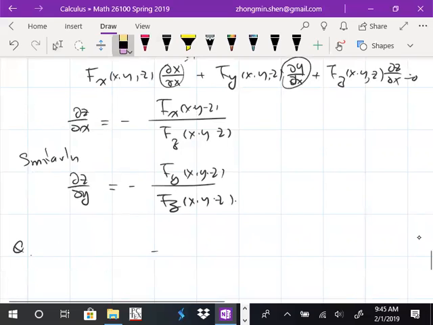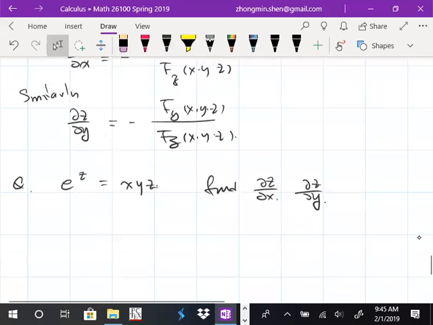So we are given e to the z equals x times y times z. Find the partial derivative. Here z is a function of x and y. Z depends on x and y.